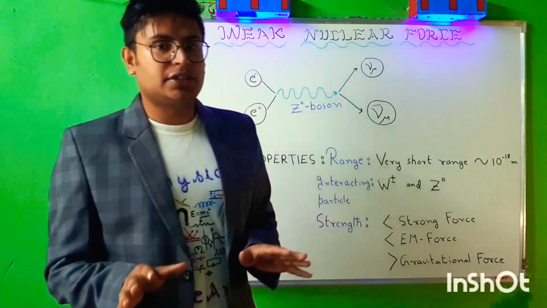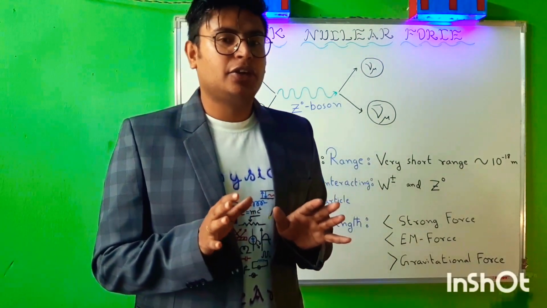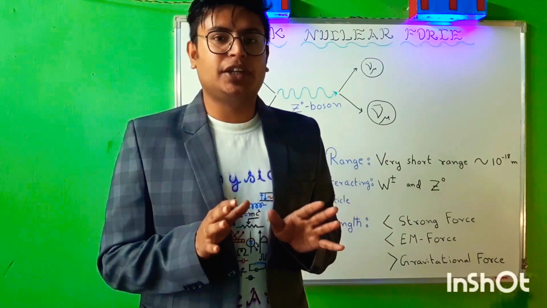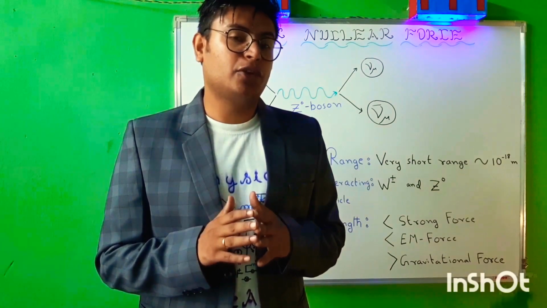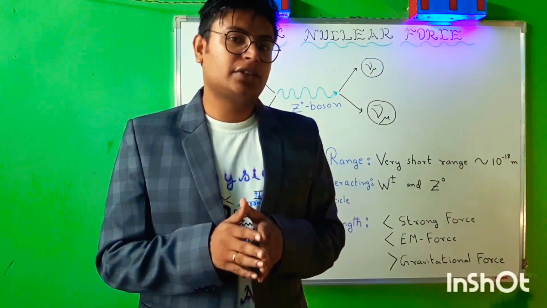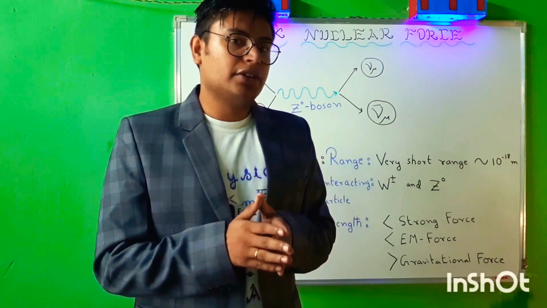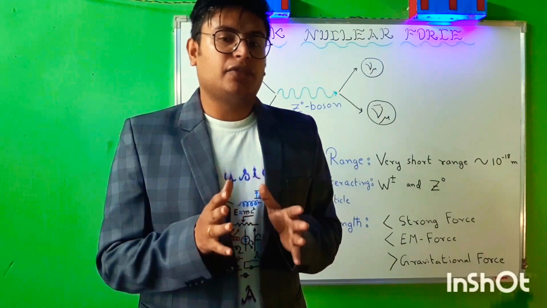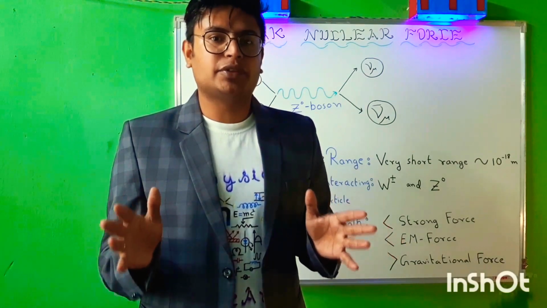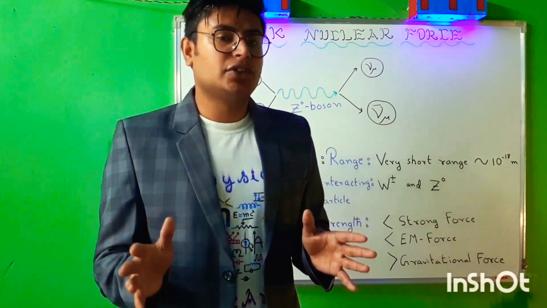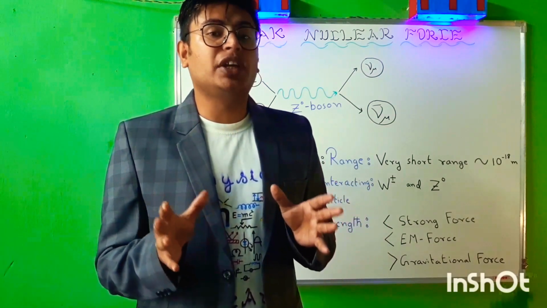Therefore, lastly, we would like to thank the weak interaction for being this weak, so that our existence is possible in today's date, and therefore we are attending this lecture, and therefore we are eating, sleeping, doing everything. The elements are existing. So this is a brief introduction to your weak nuclear force.